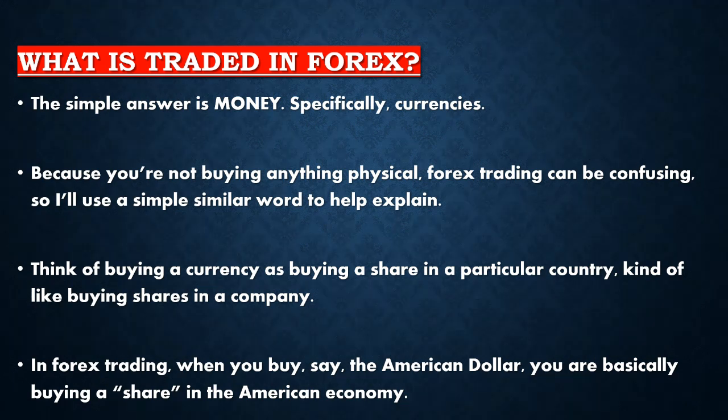We know the South African rand, it's ZAR. We know the currency of the United States of America is dollars. The currency represents money, which means when you're trading currency, you're simply trading money.